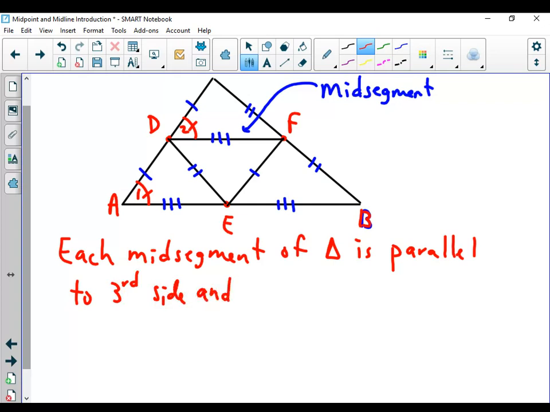And it's half as long. And that's the major idea that we're going to use for mid-segments. Anytime I connect two midpoints together, that segment we create is half as long as the third side in the triangle, and it's also parallel to that third side in the triangle.